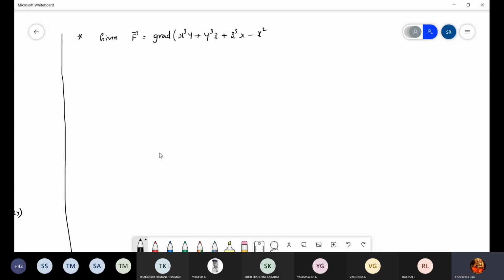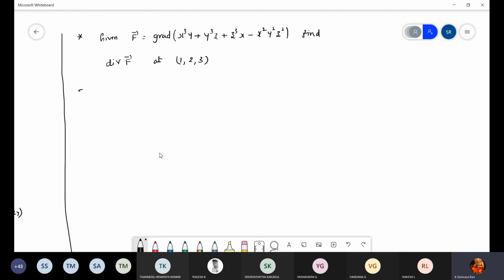Find div f at 1, 2, 3. So this is also like the previous one, and only one you have to calculate, divergence at 1, 2, 3. Okay, if they ask curl also, you can extend. So f is not given directly, they are given f is equal to grad phi.